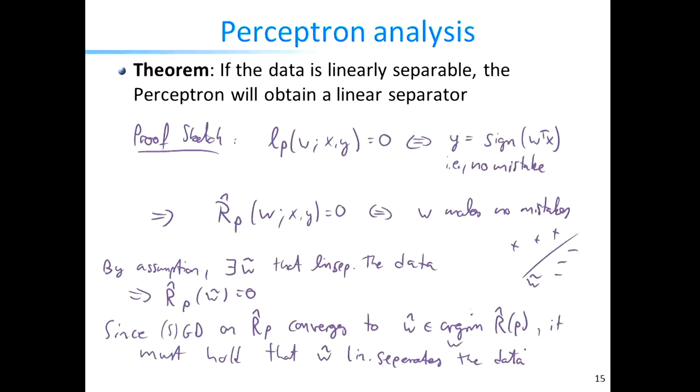Okay, now how doesn't this contradict the NP hardness of this optimization problem that we had talked about earlier? You might wonder, right? Of course, here we've assumed that the data is in fact linearly separable. We haven't said anything about what happens if it's not.